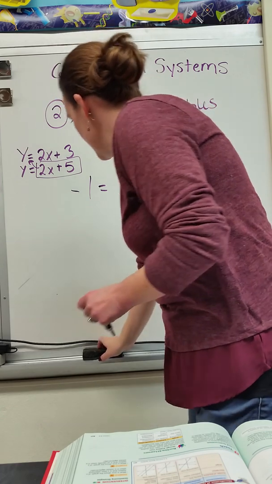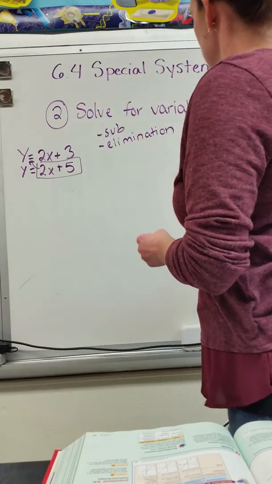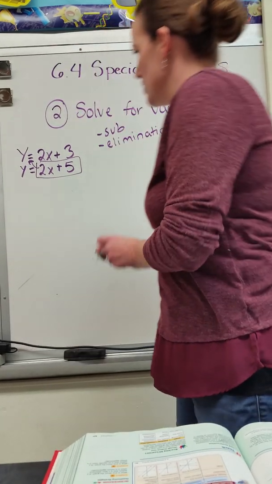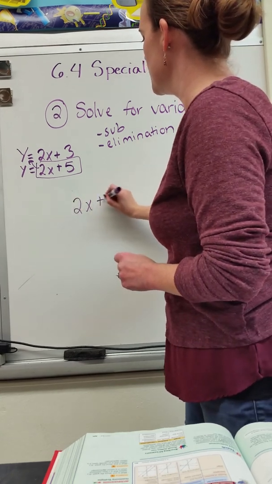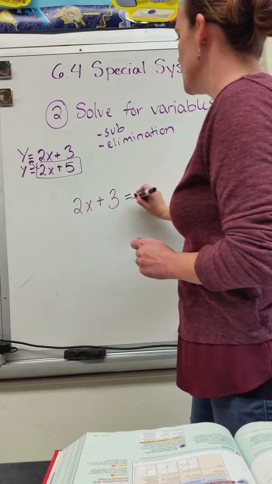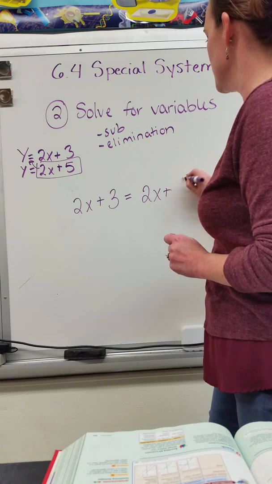So I would say 2x plus 3 equals 2x plus 5.